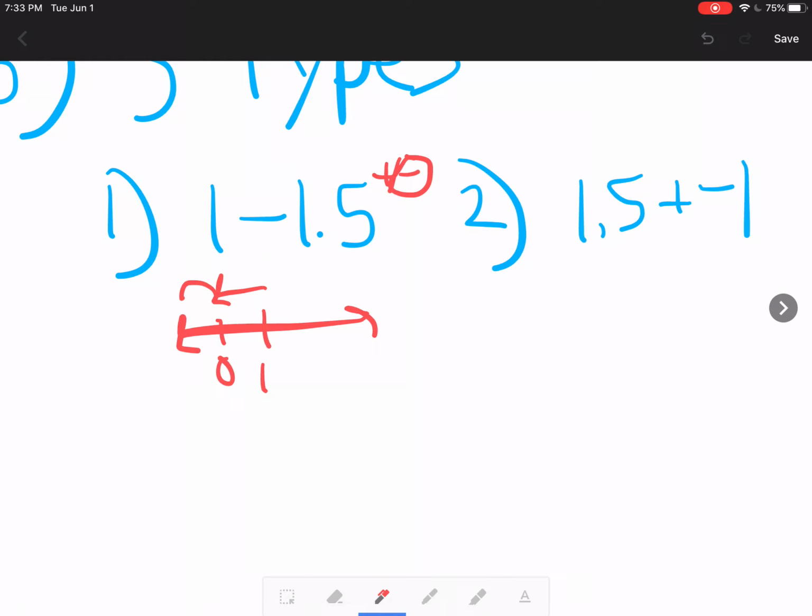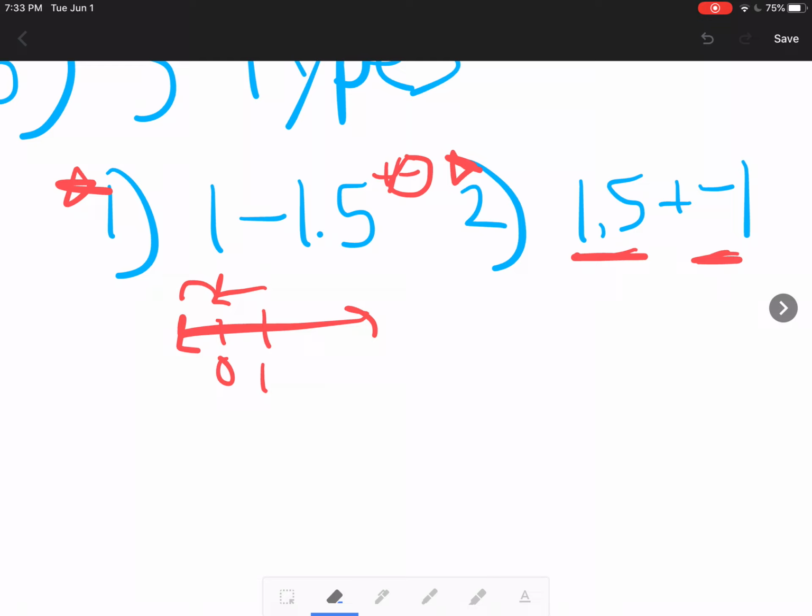Now, here's the thing. For these two right here, since our signs are different, like that's negative and this is positive, and same thing here, positive, negative, what we're going to do is find the difference between these two numbers. But we're going to treat them both like positive numbers.